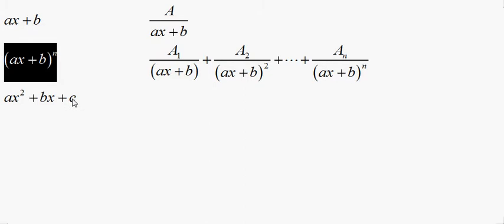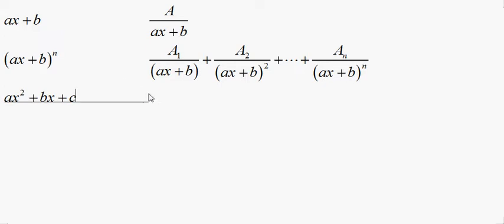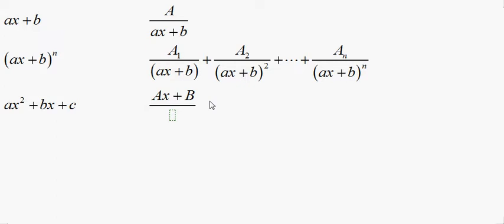If you have an expanded quadratic, you use a linear term in the top instead of a constant term, just like if you have a linear term, you use a constant term. It's one less. So this would be ax plus b over this quadratic.